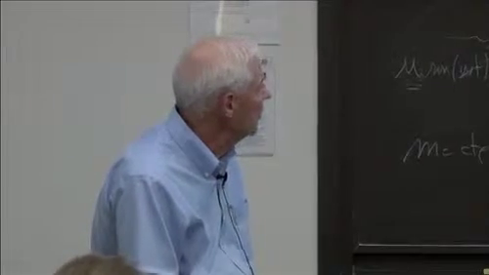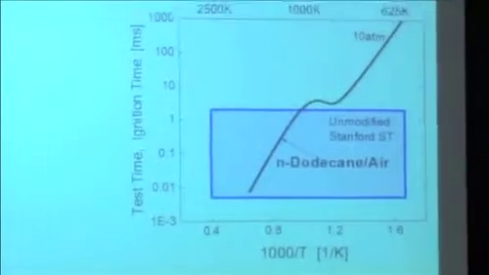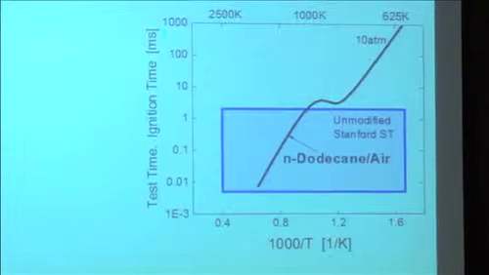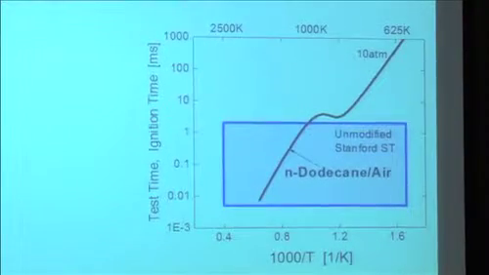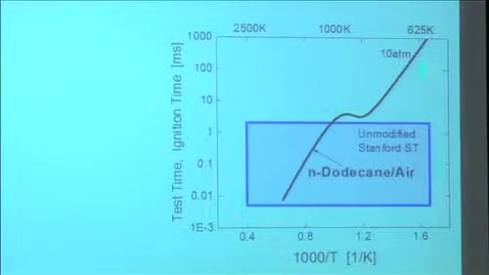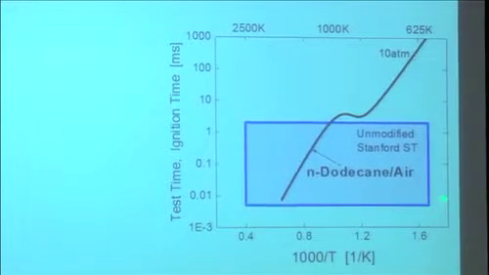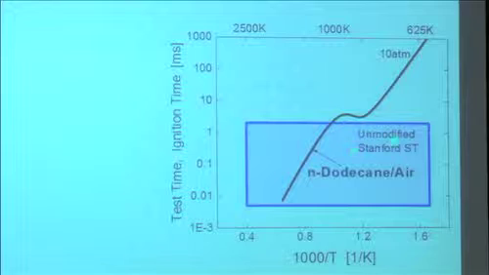So I'm going to show you how we have worked at Stanford over the last 3, 4, 5 years to try to improve the operating range and capabilities of shock tubes. This is a kind of crude plot of test time versus 1 over T, or here's temperature up here. Roughly speaking, this is where we work with our unmodified shock tube.